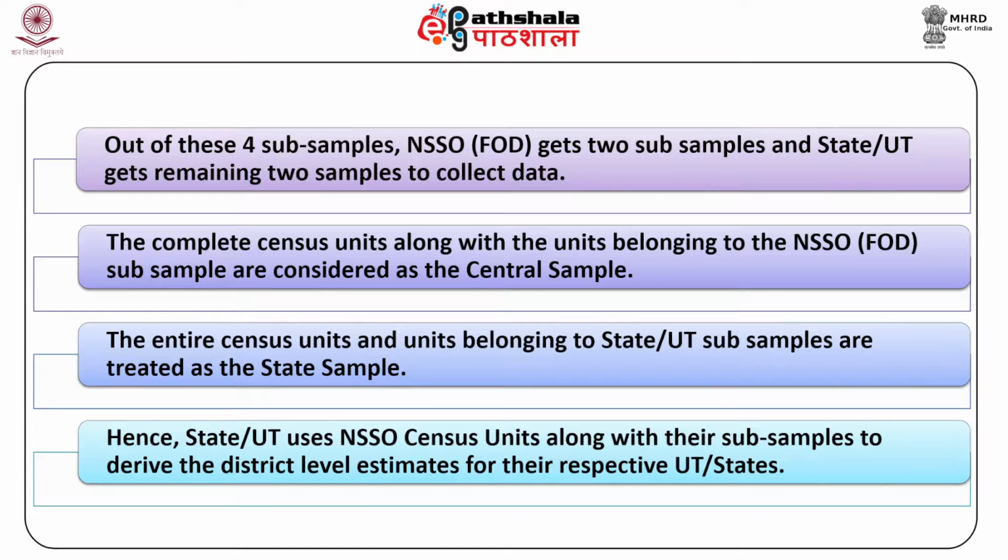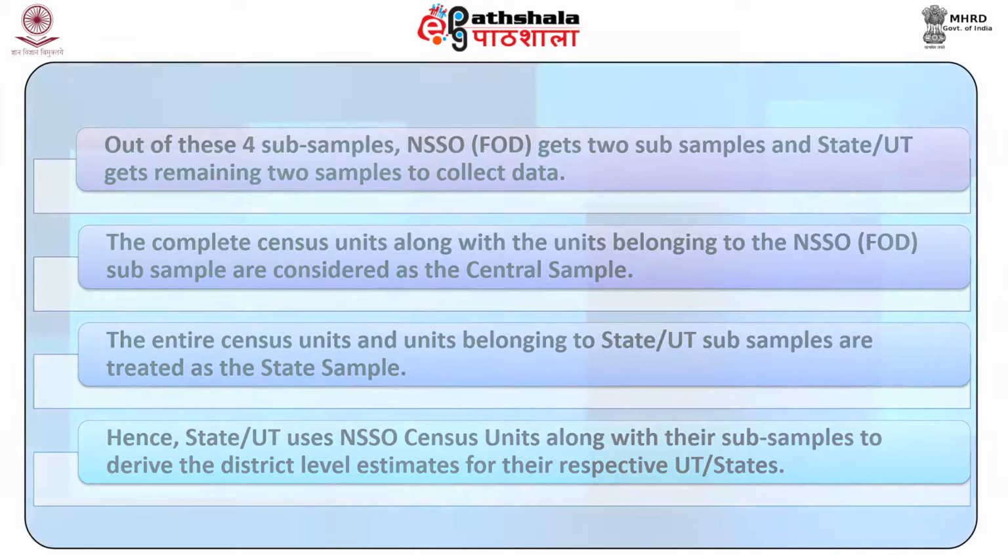The entire census unit and units belonging to state or UTs subsamples are treated as the state sample. Hence, the state or UT uses NSSO census units along with their subsamples to derive the district level estimates for their respective UT or states. An accounting year is the reference period to conduct the ASI.